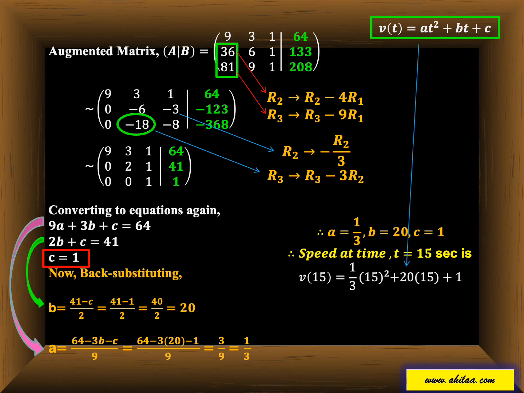So v of 15 equal to, substitute a, b, c values and t equal to 15. So simplifying, we are getting 376. Therefore the speed at time t equal to 15 seconds is 376. Understood? Very good.